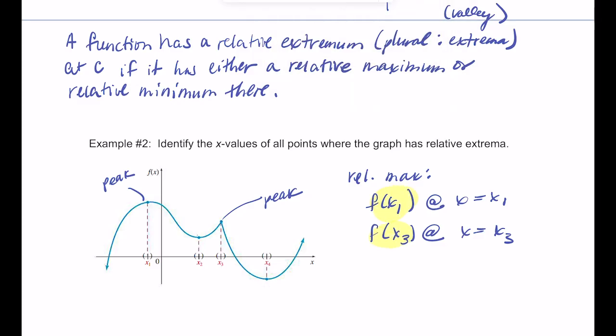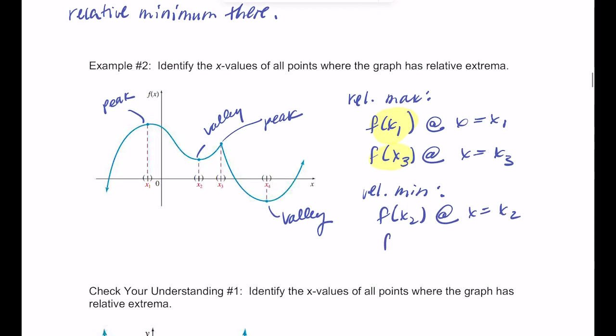Now I can also see that I have a valley. So here's a valley, and here's a valley. So that tells me that I have a relative minimum at f of x2, and it occurs at x equals x2, and then f of x4, and it occurs at x4.